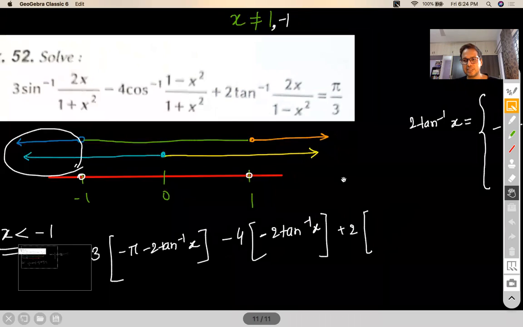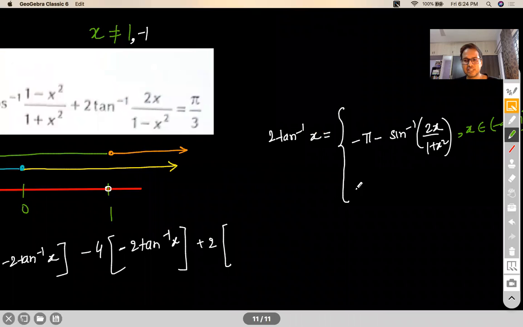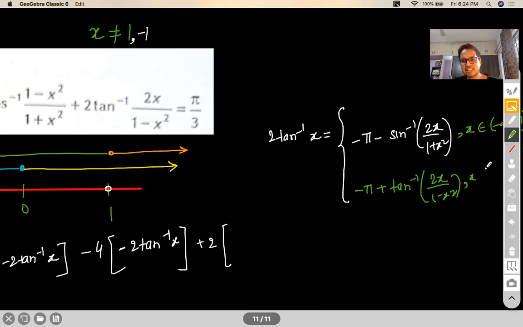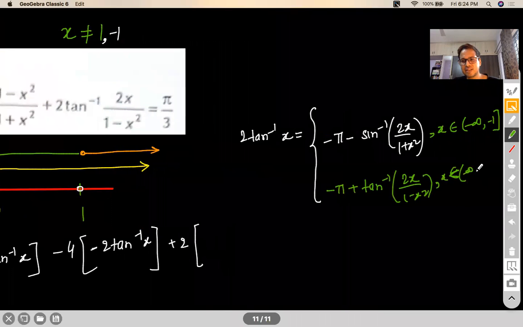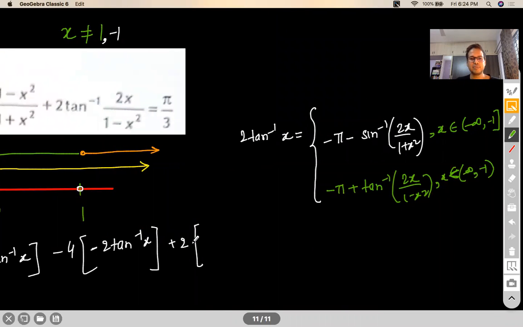So 2 tan inverse x will be minus pi plus tan inverse 2x by 1 minus x squared, when x belongs to the interval minus infinity to -1. So this will be 2 tan inverse x plus a pi.